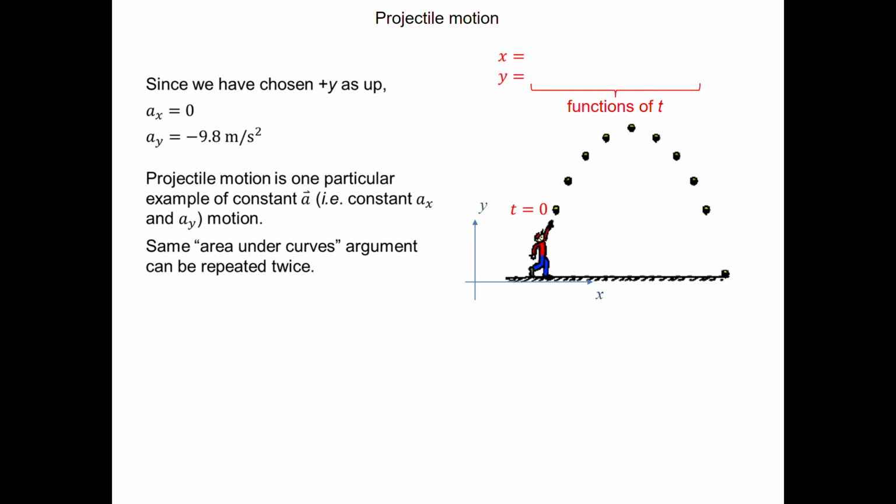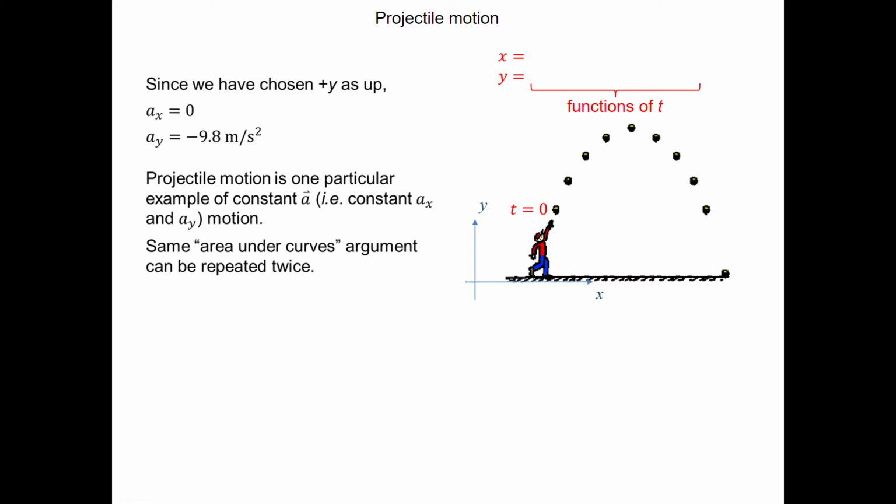So constant acceleration motion, this is one very important special case of it. And generally, when things are moving in 2 dimensions like this, they could even be going straight up and down. That general motion is called projectile motion. So it's like you're firing a projectile, which is a ball in this case.